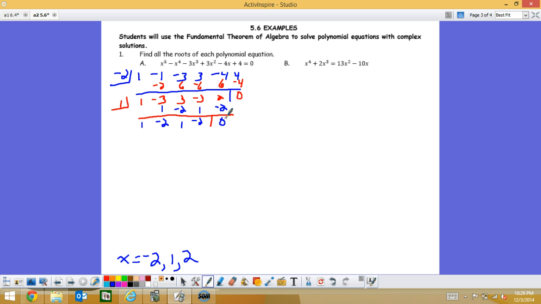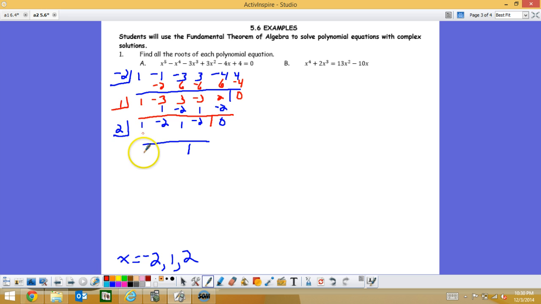Now what we've knocked this down to is a cubic. Constant, linear, quadratic, cubic. And so we're going to take our last rational 0, 2, and we're going to perform synthetic division with that. And our remainder should be under here. Hopefully we'll end up with a remainder of 0.